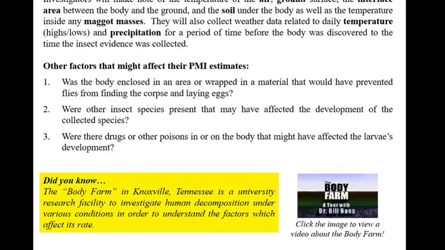So whether the body is exposed free to the air, or whether it is dumped or encased in any particular structure, has to be checked, because it is going to determine the overall development and the succession of the insects on that particular dead body. Then, whether other insect species are present that may have affected the development of the other species has to be checked, that is succession.